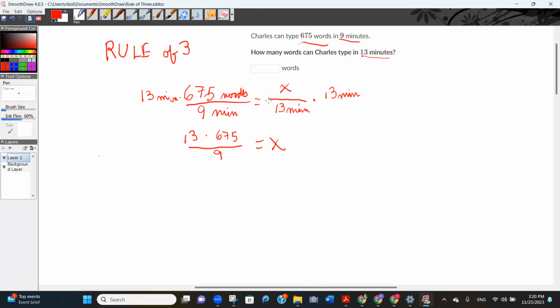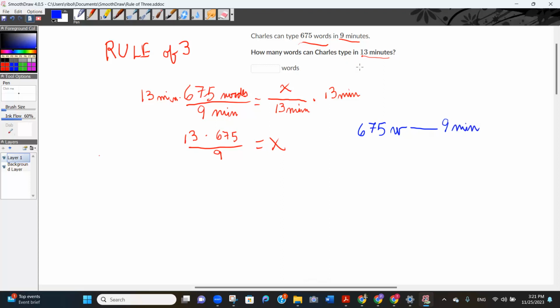When I was in elementary school, when we were doing pre-algebra, we learned to set up these problems slightly differently, and I want you to see which one you think is better. One way that we would do it is we would write the problem, 675 words in 9 minutes, and we would draw a line here.